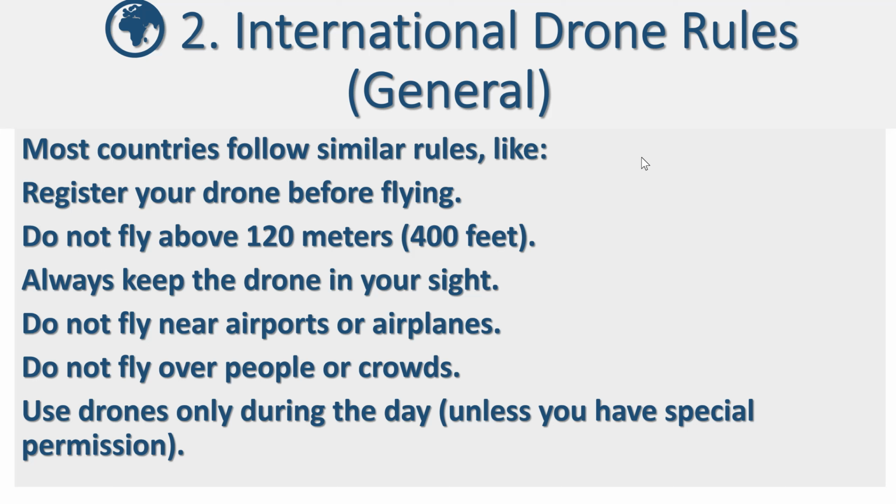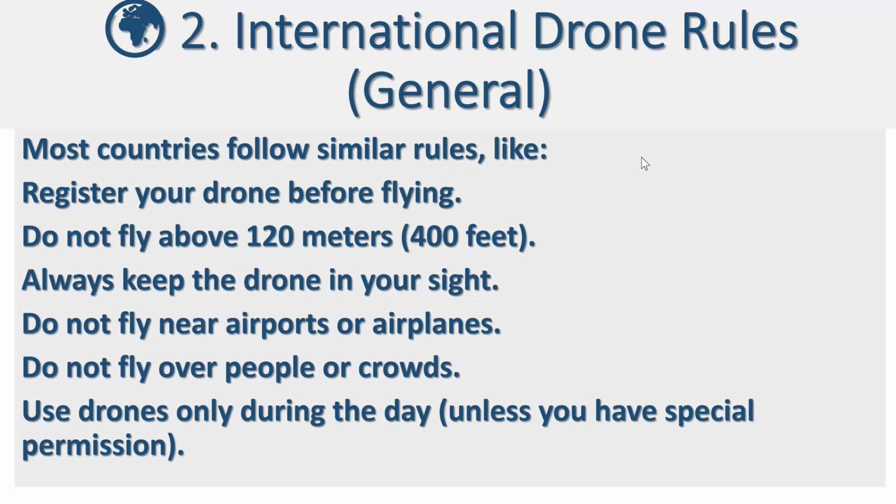International drone laws. Most countries follow similar laws. Register your drone before flying in the sky. Do not fly above 120 meters, 400 feet. Always keep the drone in your sight.